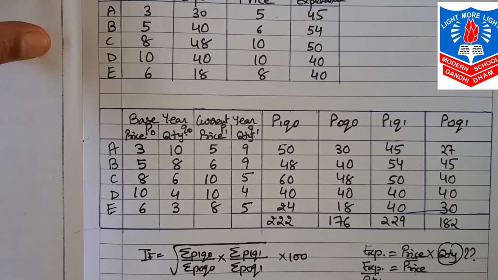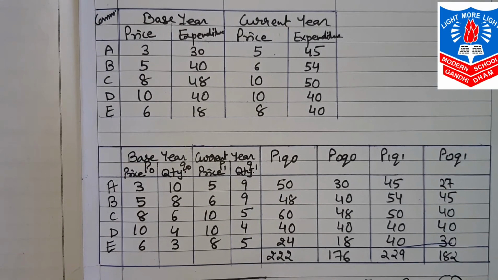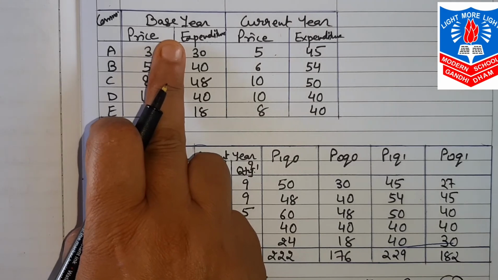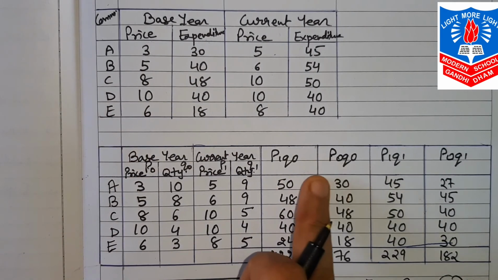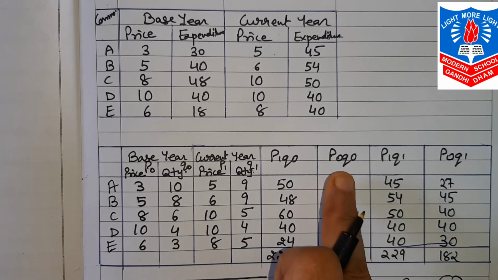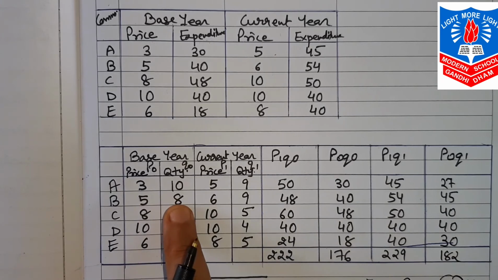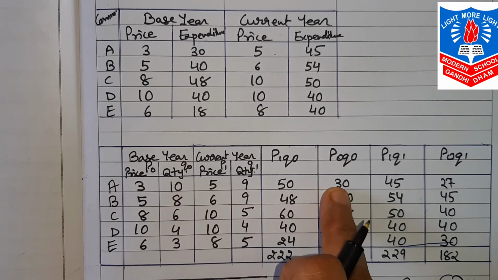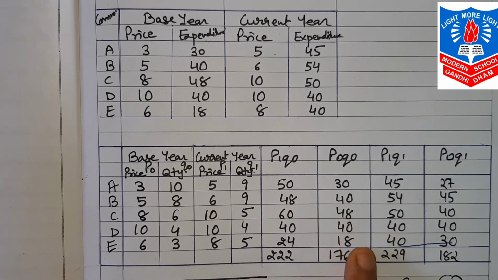One very important thing I want to discuss: here you can see this expenditure 30, 40, 48, 40, 18. Here you can see P0 Q0 is the same value. Why? Because this expenditure is P0 Q0 only; 3 tens are 30. So if you want to save your time, there is no need of calculating it again.